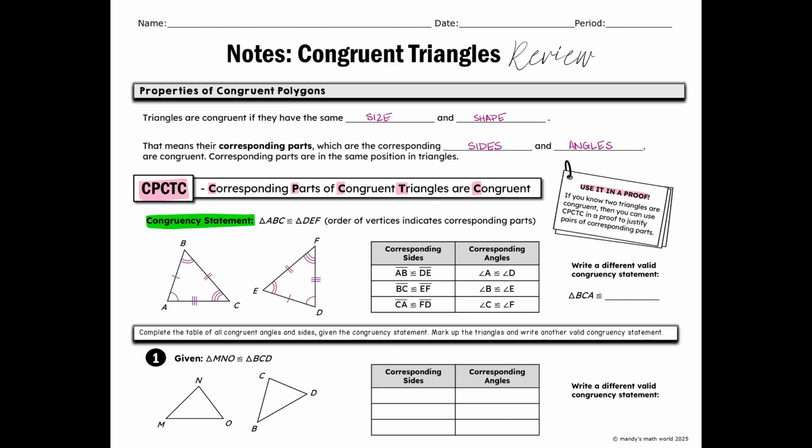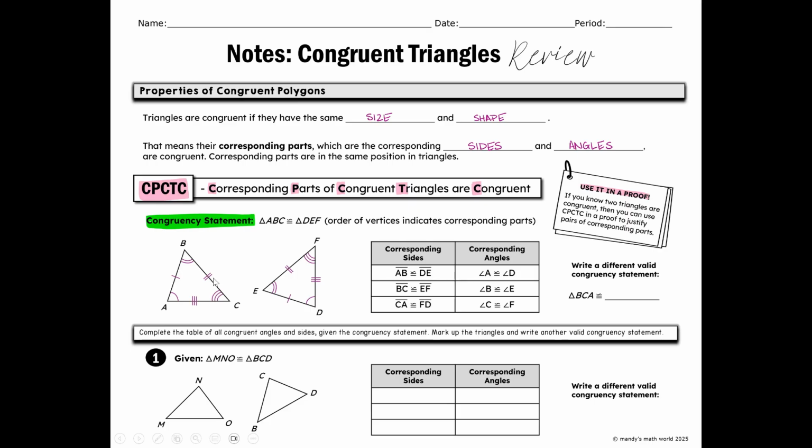A congruency statement shows two polygons are congruent. In this particular congruency statement, I state that triangle ABC is congruent to triangle DEF. The order that each of these letters or vertices is written matters, because the order of the vertices indicates the corresponding parts.